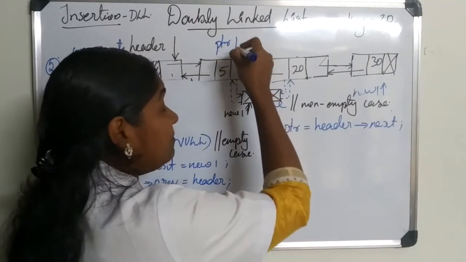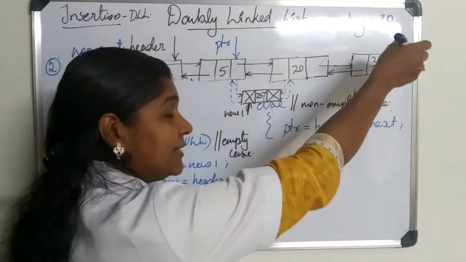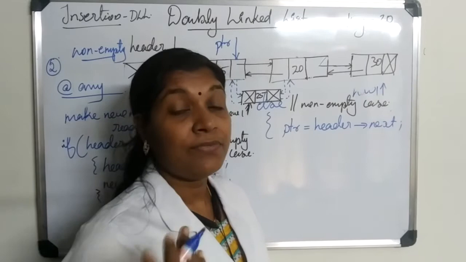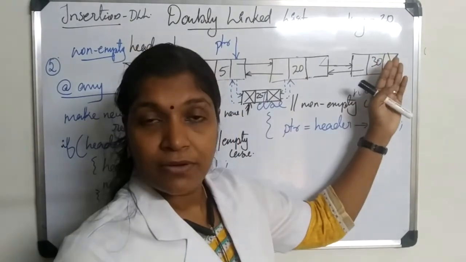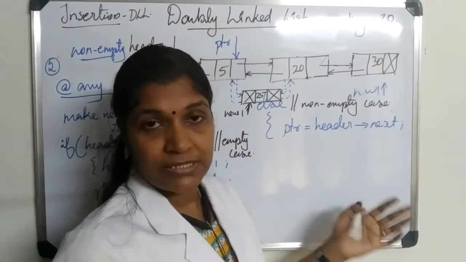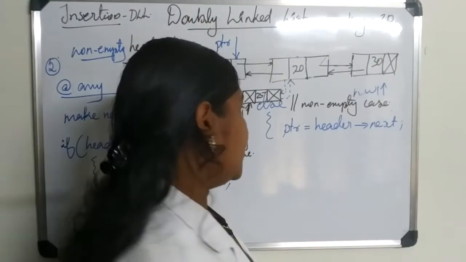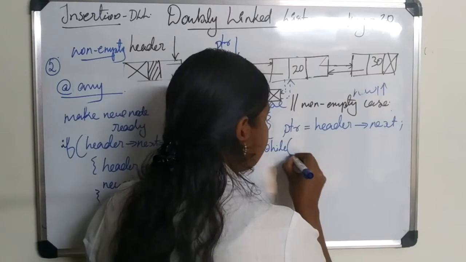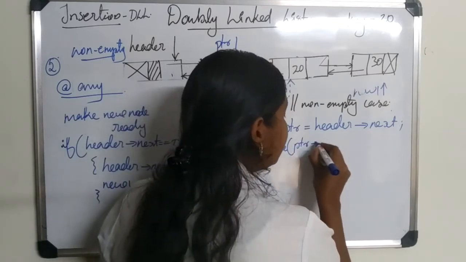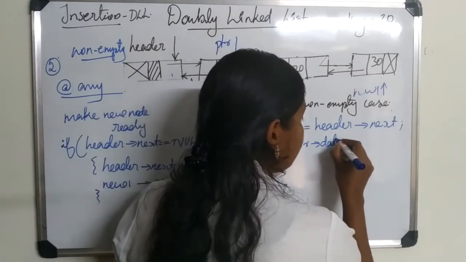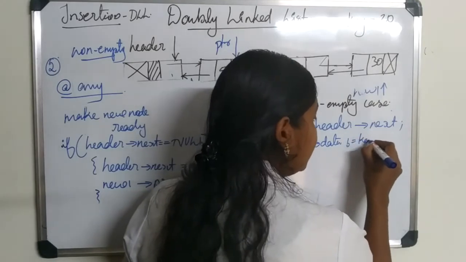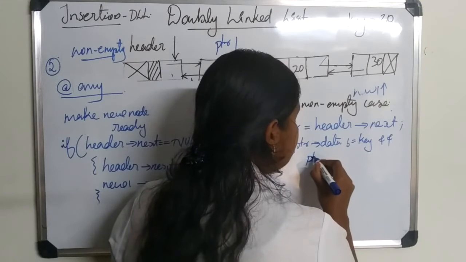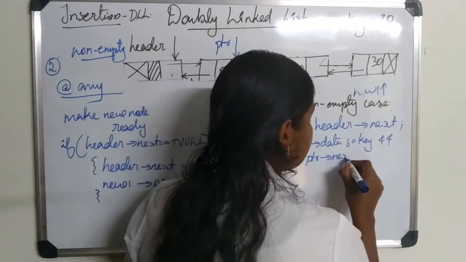We need to make ptr traverse through the entire list till we reach the key element, or if the key element is not present, we should stop our traversal on reaching the last node. This is what our condition is. So I am providing a condition: while ptr dot data not equal to key and ptr dot next not equal to null.